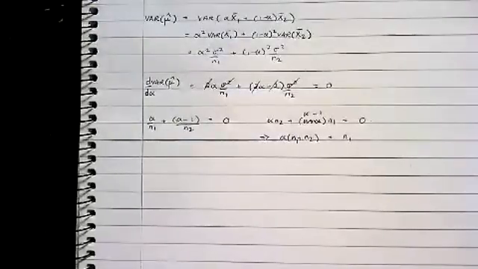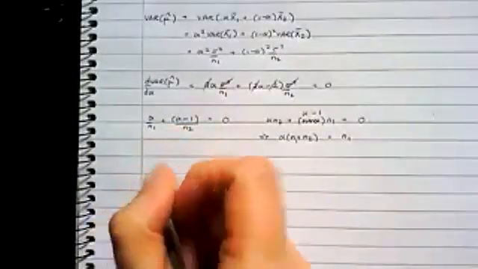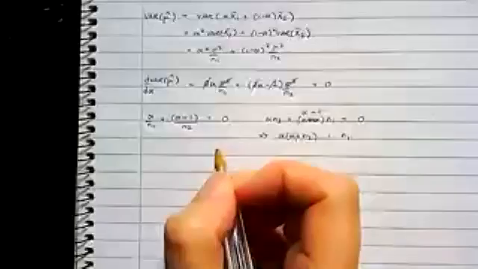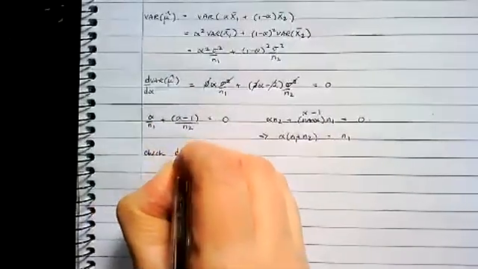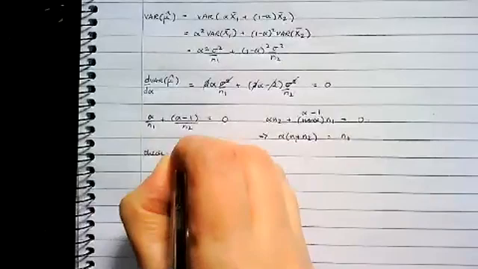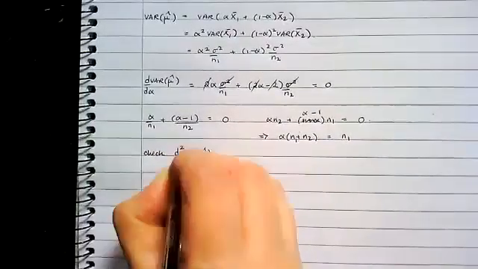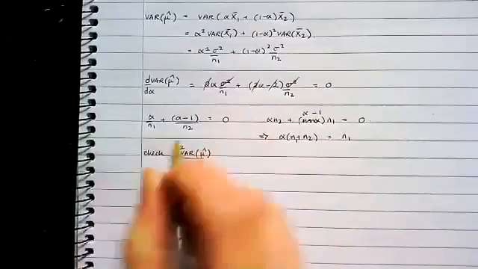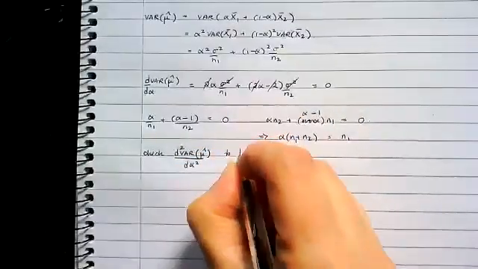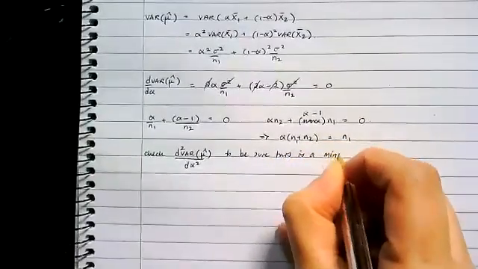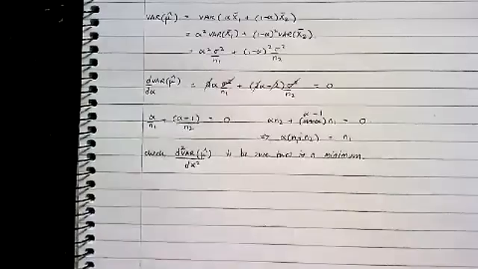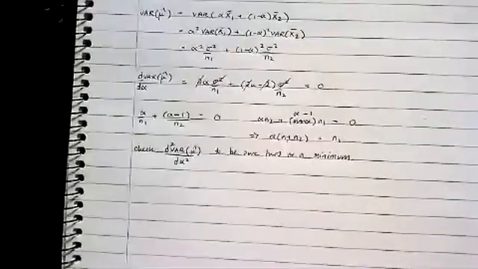And if I just divide through by the constant n1 plus n2, I'm going to get the answer that was given to me in the question, the possible candidate. And then to check that that is definitely a minimum, check the second order condition. So make sure you check your second order term to make sure that you're definitely at a minimum point.